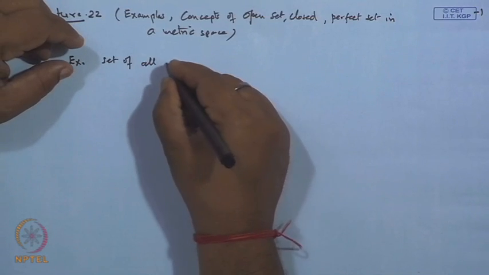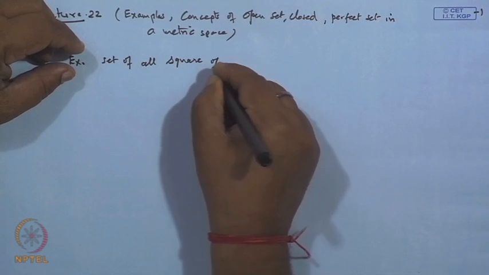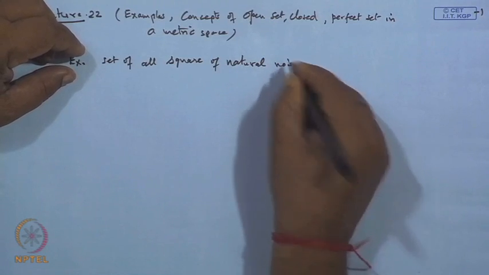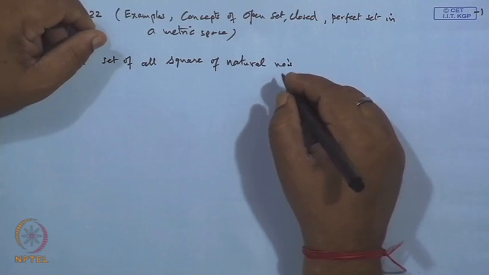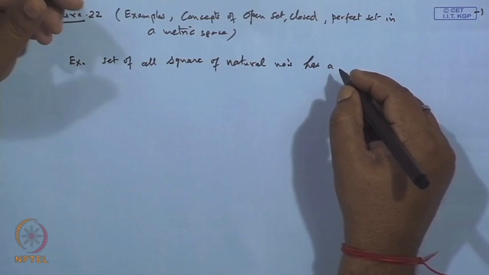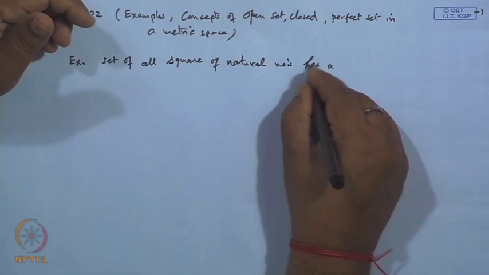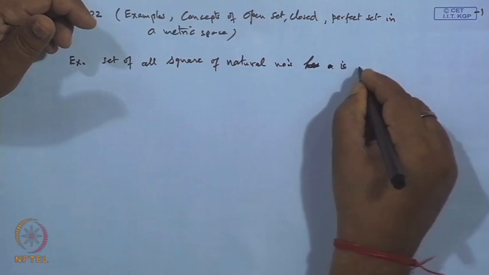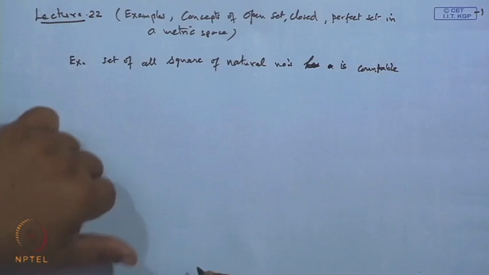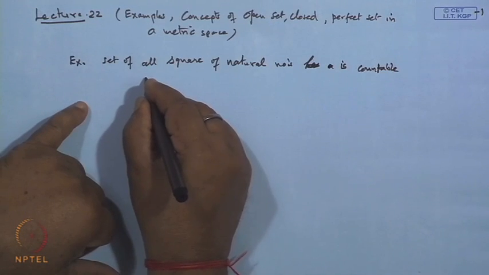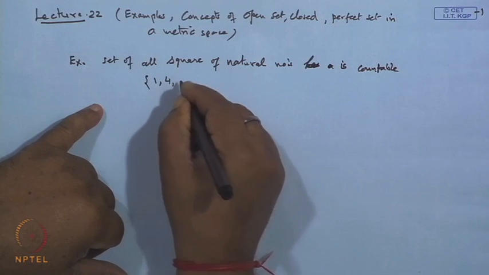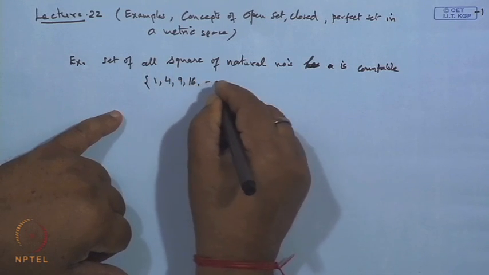squares of natural numbers is countable, because the set of squares of natural numbers means it is 1, 4, 9, 16 and so on.